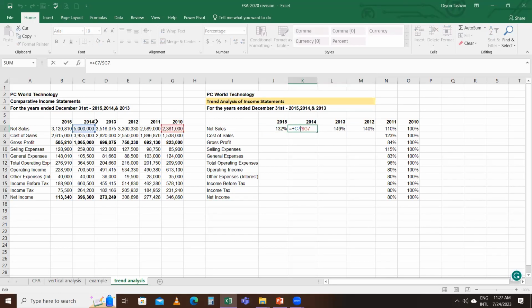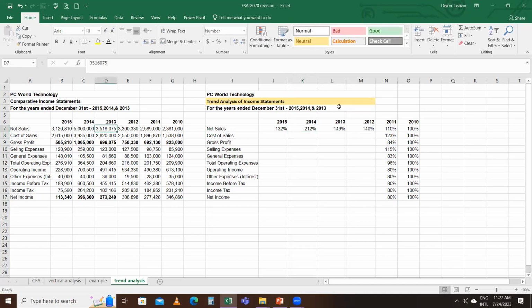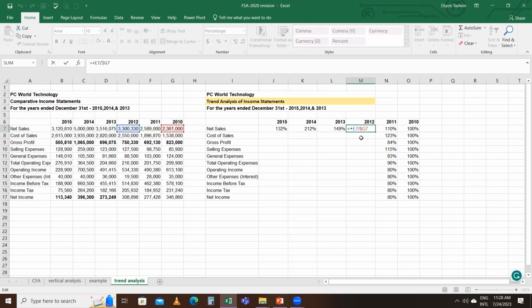2014 sales is divided by the base value in 2010. Then the 2013 net sales figure is divided by 2010. Then the 2012 figure is divided by 2010.